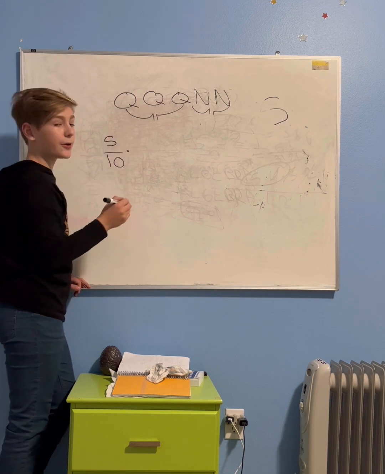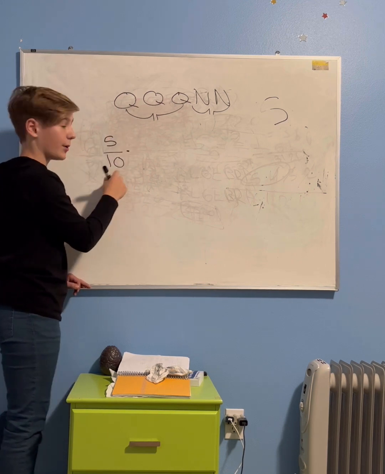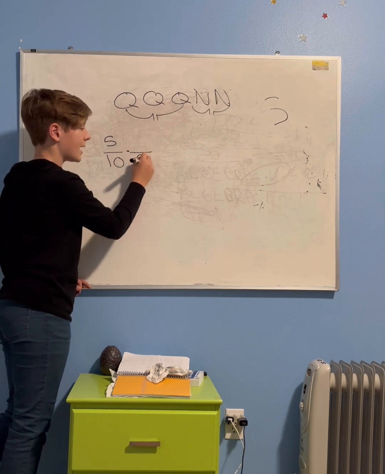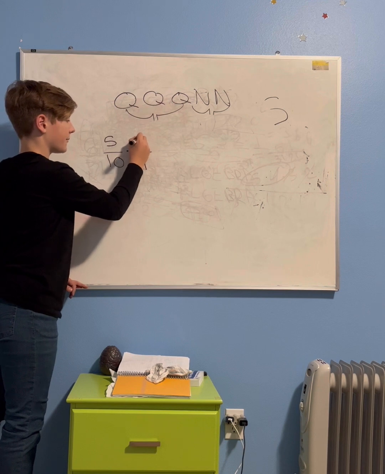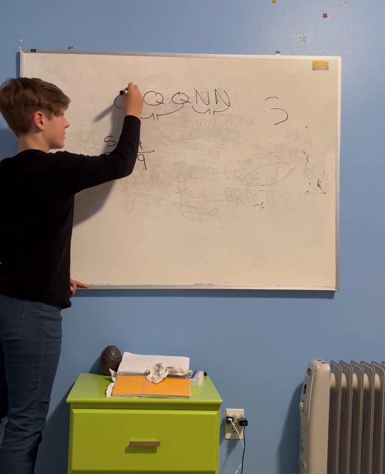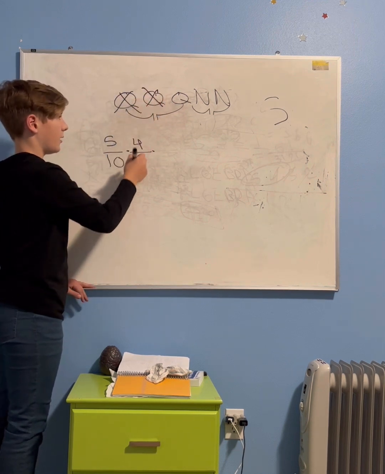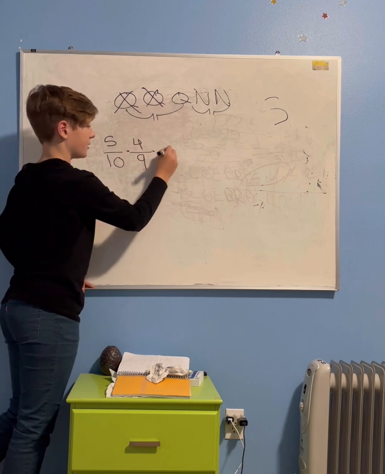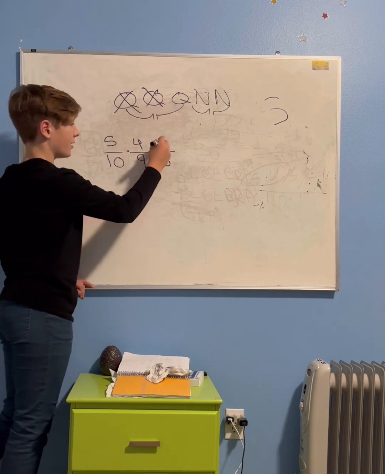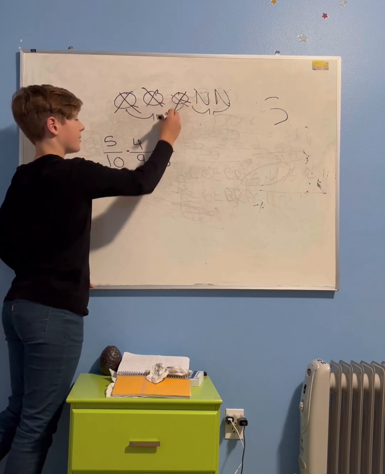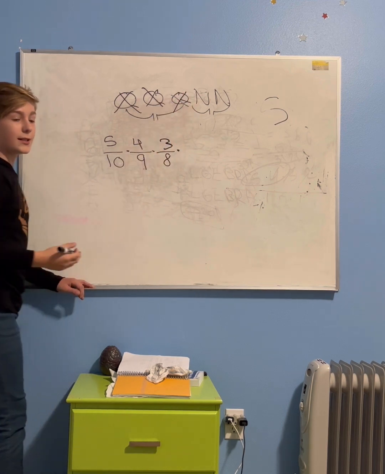Next, we want to get another quarter, but since we've already taken one out, our denominator is going to be 9, and since we've already taken a quarter out, our numerator is going to be 4. And we can cross these out so we don't skip any. Our next quarter is going to be a denominator of 8, because we have taken out 2 coins, and a numerator of 3. Now that we're done with the quarters, we can move on to the nickels.